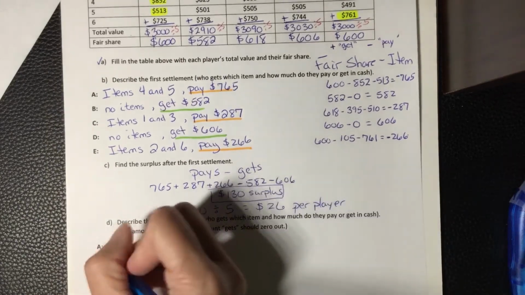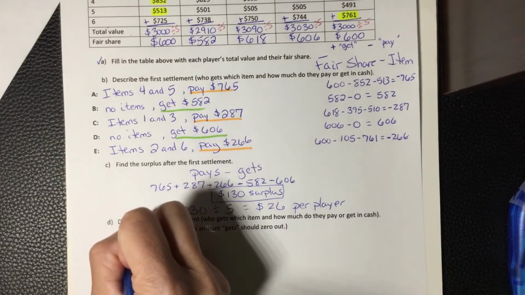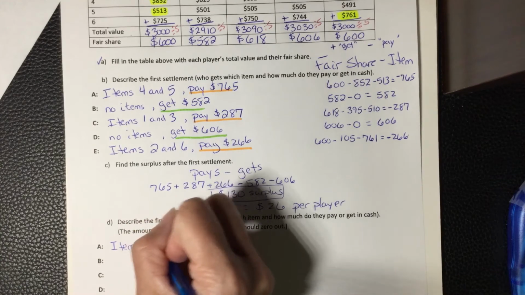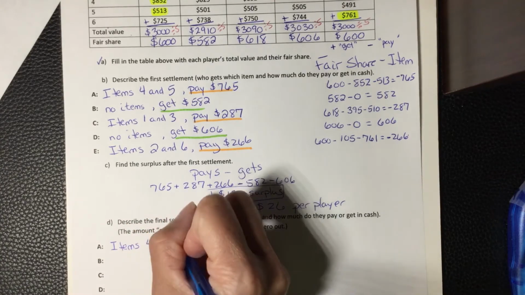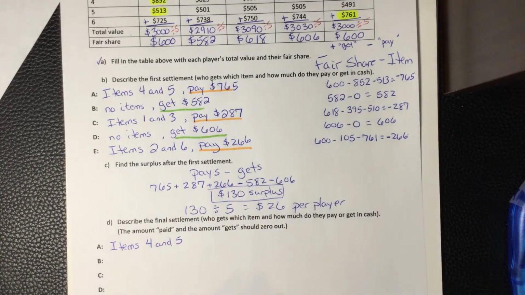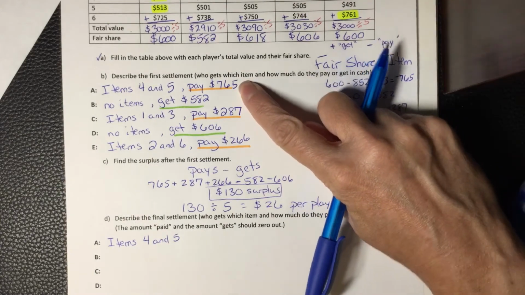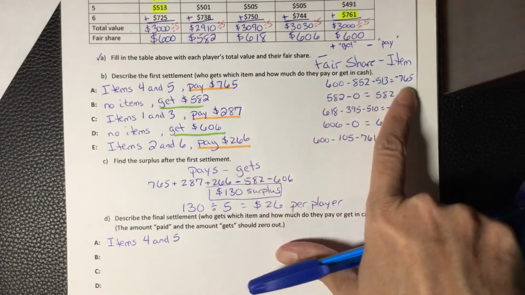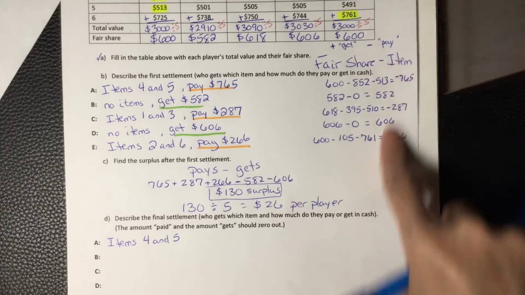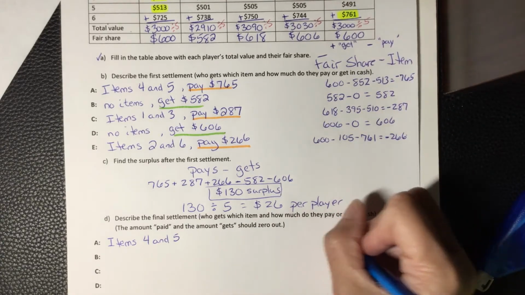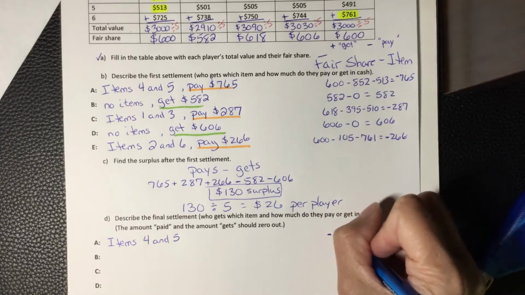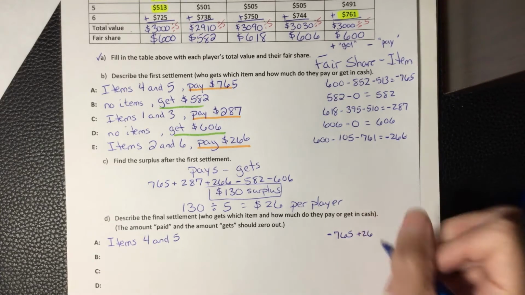Okay, so this first one is kind of just how you set up the final settlement. So now we're going to go back and we're going to give player A items 4 and 5. And we're going to take this number. Now remember, if they paid, it was negative. They originally paid $765, but we're going to give them $26 back.